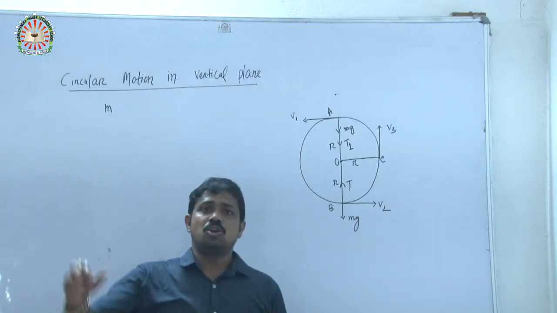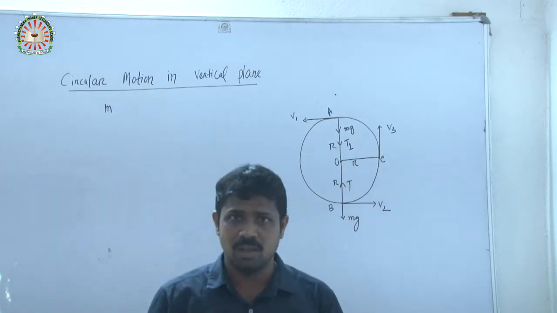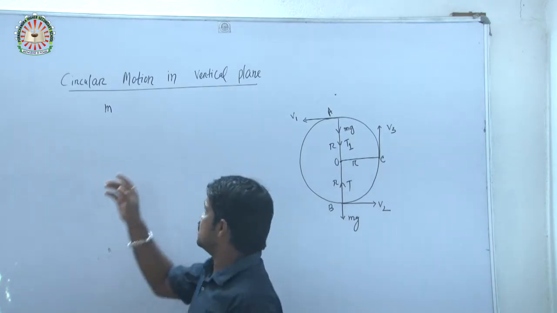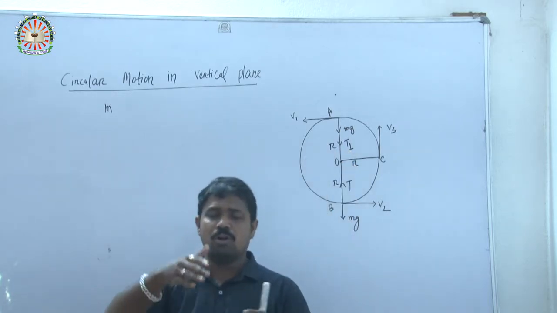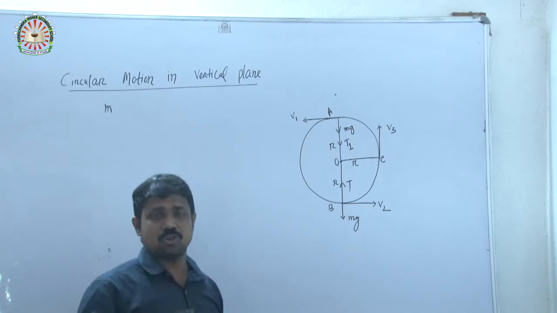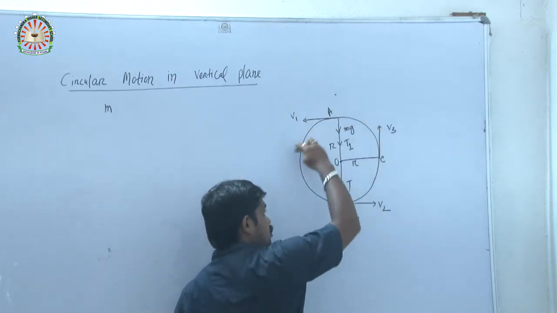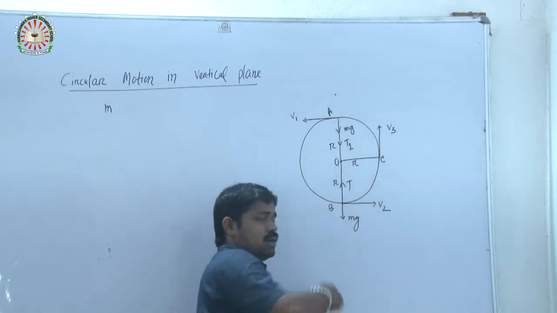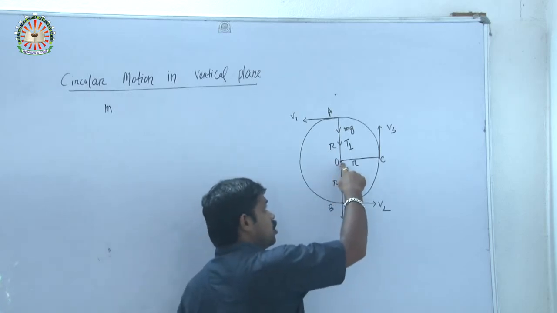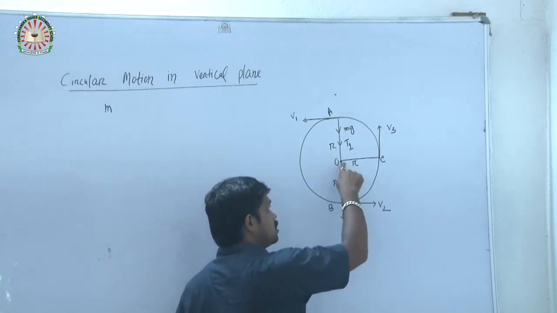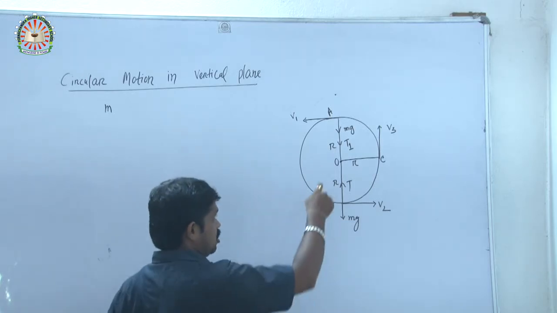Now, before going to circular motion in a vertical plane, we have to understand that to maintain circular motion, a force must be required, and that force must be directed towards the center. To move the object in a circular manner, there must be a force which is radial in nature, applied towards the center of the circular path.